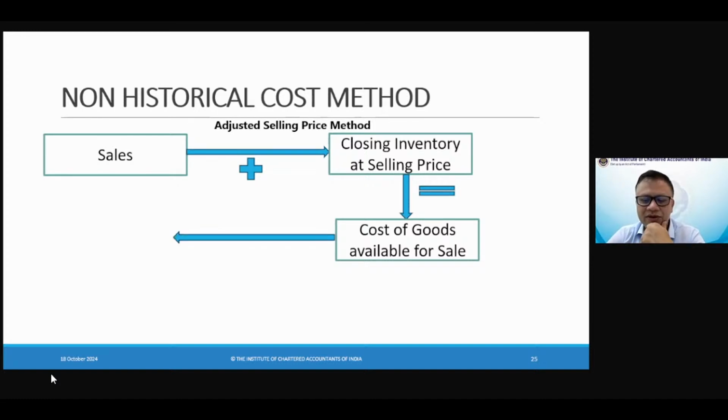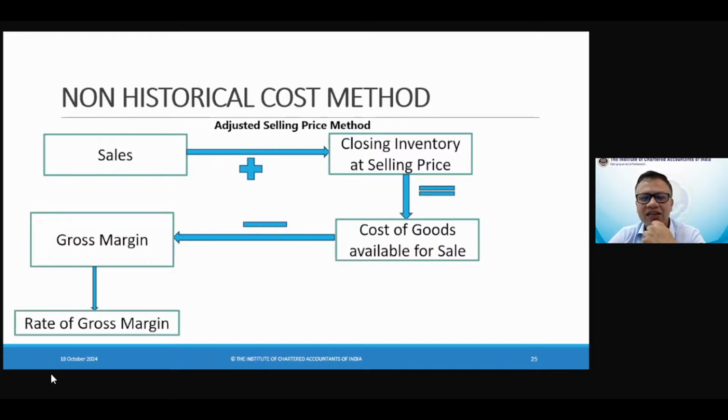From the cost of goods available for sale, you go to the gross margin. How will you reach gross margin? From the cost of goods available for sale, you subtract the gross margin and you get to the rate of gross margin. And the rate of gross margin, from there, you get gross margin divided by the selling price of the goods available for sale.